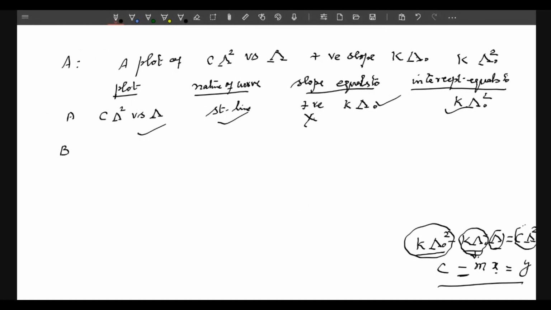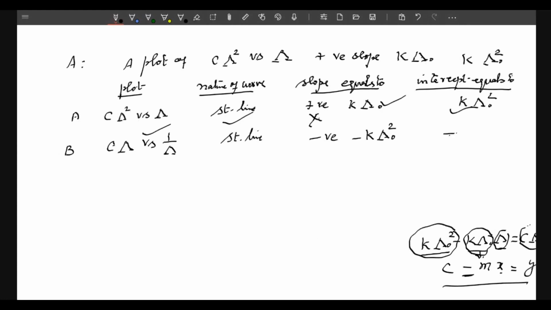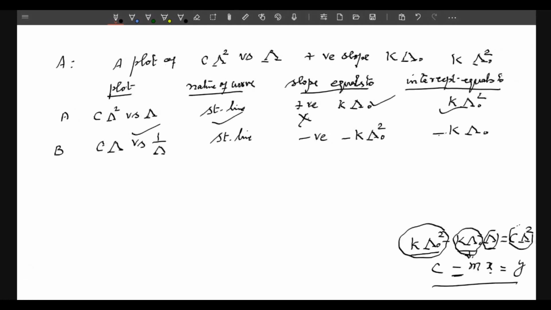Second option, a plot of C lambda versus 1 by lambda gives a straight line with negative slope equal to minus K into lambda naught square, and the intercept equal to minus K into lambda naught. Here they have slightly changed this equation.